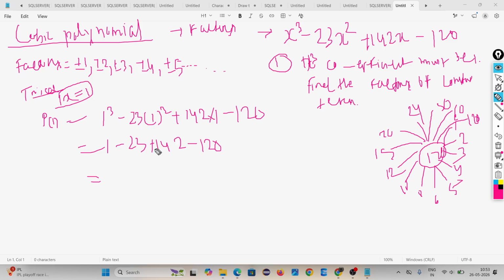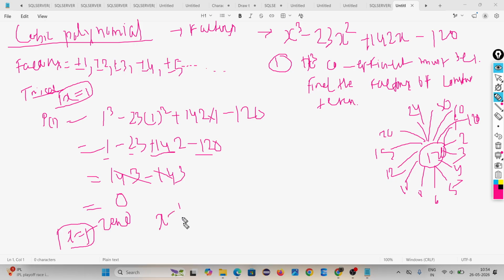Plus 142 plus 1, it will be 143. Minus 120 minus 23, minus 143. Look, in the first case you are getting 0. Fortunately we are getting 0. Until we get 0 we have to do these things. That means we got x equal to 1. This is the zero. But we have to find the factor x minus 1.